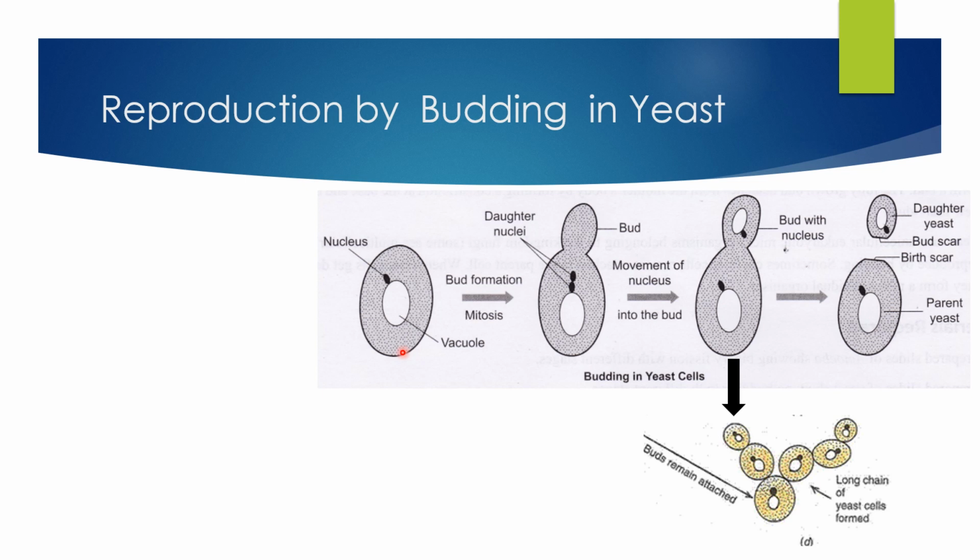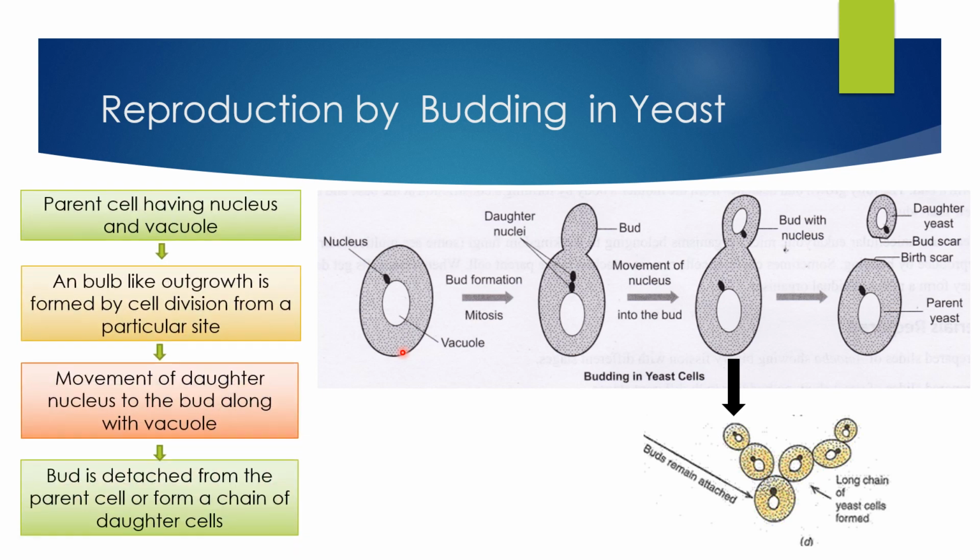So, what are the steps of budding? At first, from the cell membrane, a bulb-like projection is formed due to cell division, and this projection is known as the bud. At the same time, the nucleus is also divided. So here, see, there are two daughter nuclei.